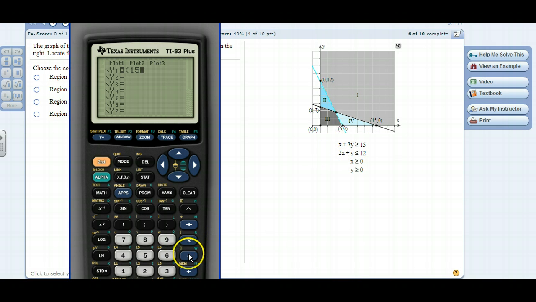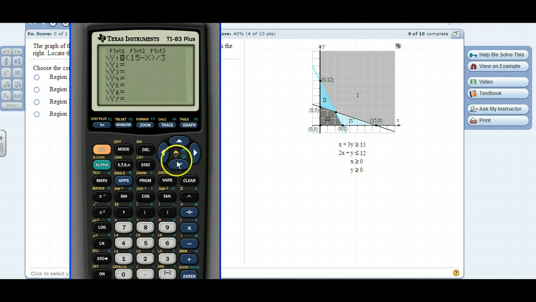So if it's negative, make it positive, but here it was positive, so we subtract it. Close the parentheses and then divide by whatever's in front of y. So we divide by a positive 3. Oops, sorry, this is a greater than, because that's positive, it's going to stay greater than.